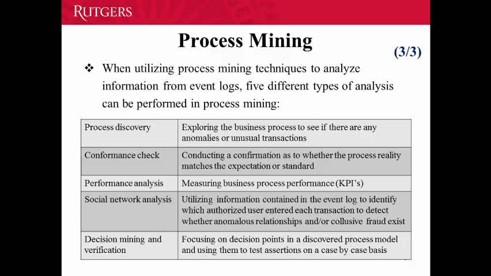And then the conformance check is to see if a certain process actually meets the expectations and standards. The performance analysis is to measure the performance of the business process, such as the KPIs. And social network analysis is to analyze the information in the event logs to identify who is the action owner of the events and to see if there exists any collusive fraud or anomalous relationships. Finally, the decision mining and verification focus on the decision process of the overall model.